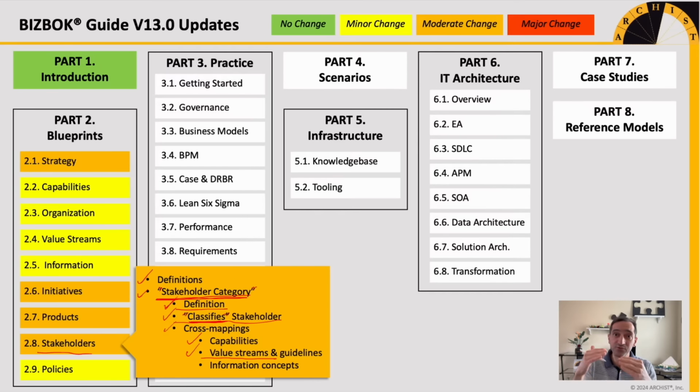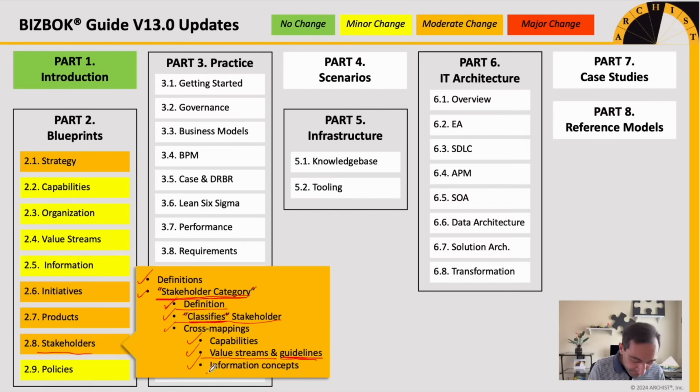So instead of referring to the specific customers, for instance, we can just use the category customer to identify the triggering or the participating stakeholders. But of course, there are a few guidelines on where we are allowed to leverage the category as opposed to the specific stakeholders when we are mapping to the value streams, either as triggering or participating stakeholders.